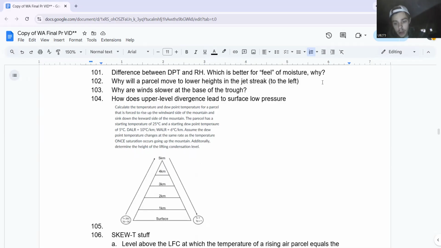Dew point temperature is the better indicator of atmospheric moisture because it gives you the idea of the specific temperature that you are at and where you would need to get to for saturation to occur. Whereas relative humidity is relative, that's why it's called that, to the amount of water vapor that the air can hold. So, in other words, you can have a relative humidity of 100% and it does not feel humid outside.